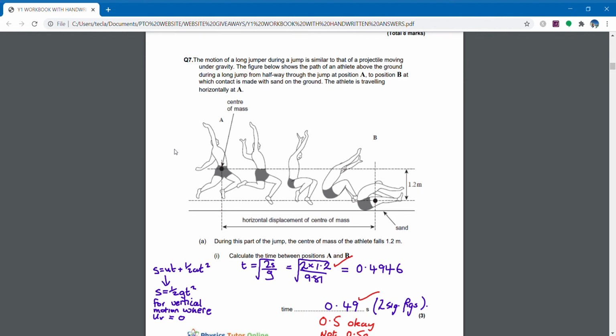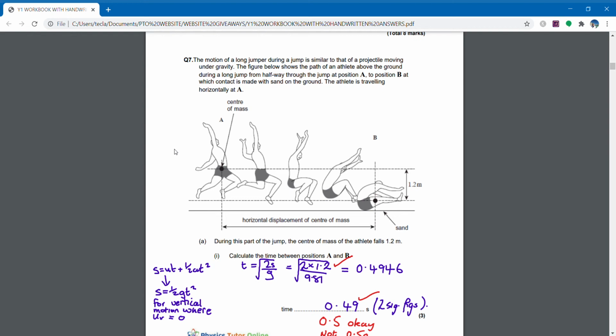So during this part of the jump, the centre of the mass of the athlete falls 1.2 meters. Calculate the time between positions A and B. So we've got a distance of 1.2. We know that we can use S equals half gt squared for motion where the initial vertical velocity is 0.